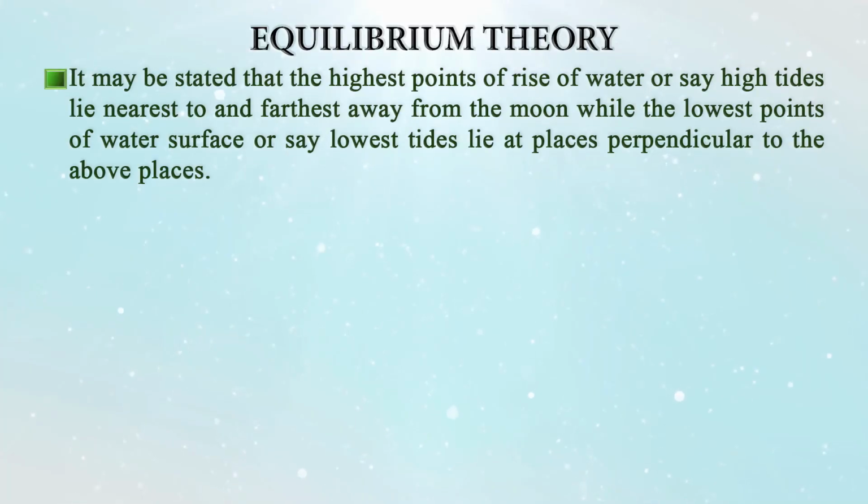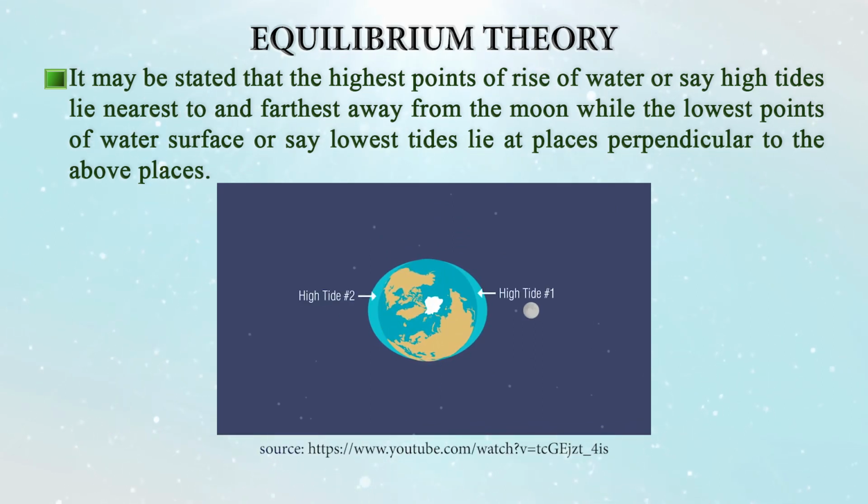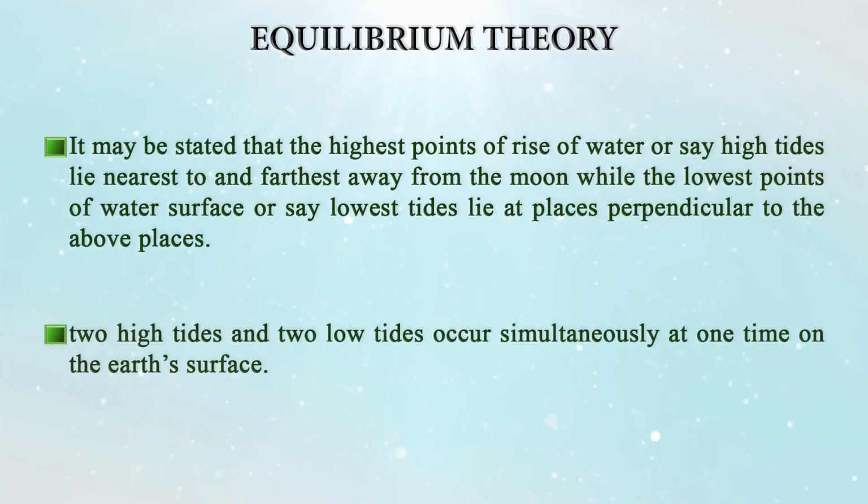It may be stated that the highest points of rise of water, or high tides, lie nearest and farthest away from the moon, while the lowest points of water surface, or low tides, lie perpendicular to the above places. So these portions are having high tides and these portions are having low tides. Two high tides and two low tides occur simultaneously at one time on the earth's surface.